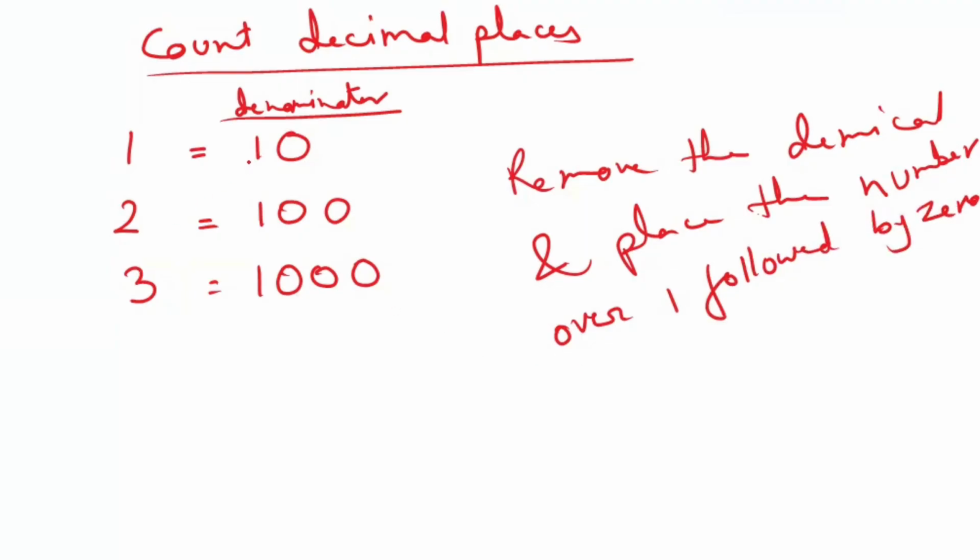Like if it is after 1 digit, then it will become 10. 2 digits, it will be 100. If it is 3 digits, it will be 1000. And then, the final step, you have to just simplify.